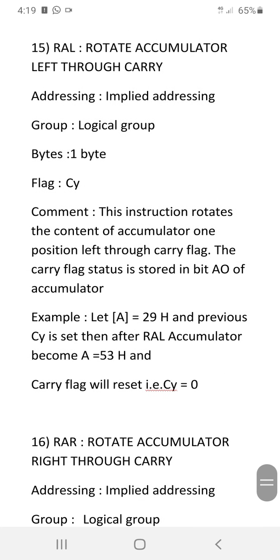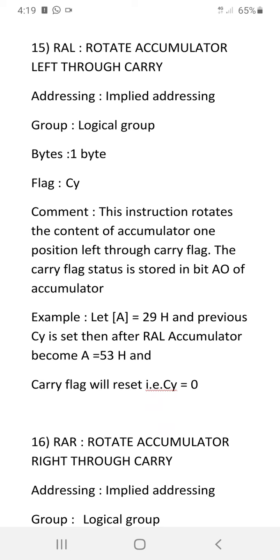Now in the next two instructions, RAL and RAR, we are rotating the accumulator through carry. When we rotate the accumulator left through carry, what will happen? The bit A7, which in the last instruction moved to carry and also to A0, here moves only to carry, and the previous carry will move to A0.